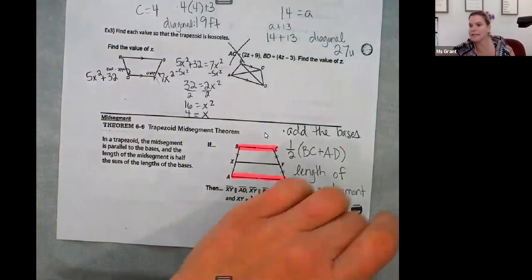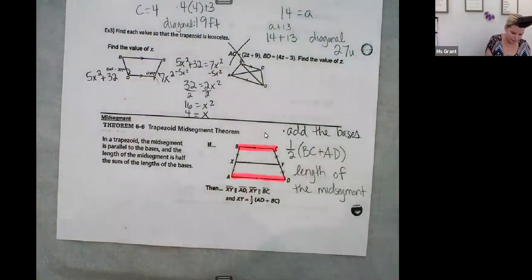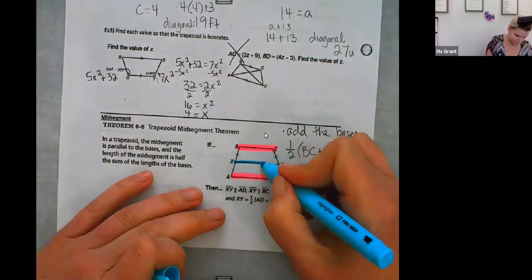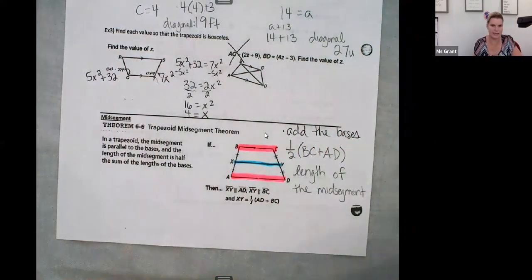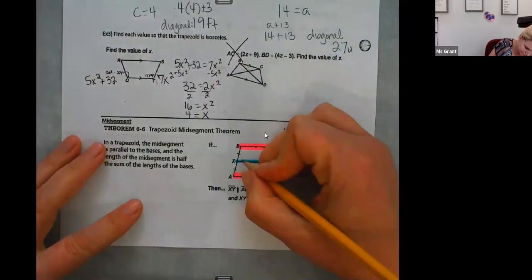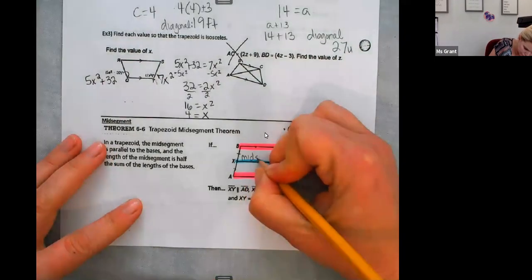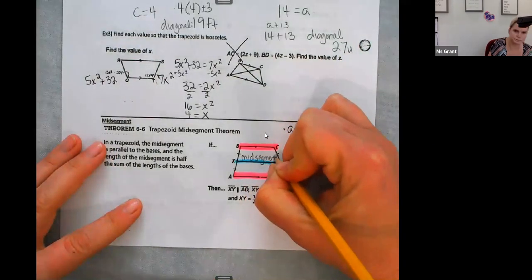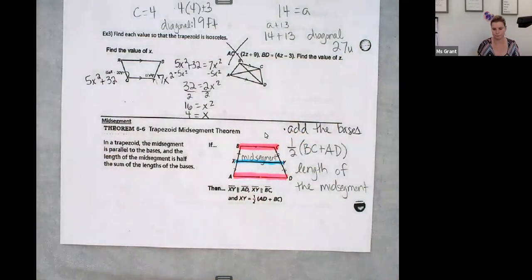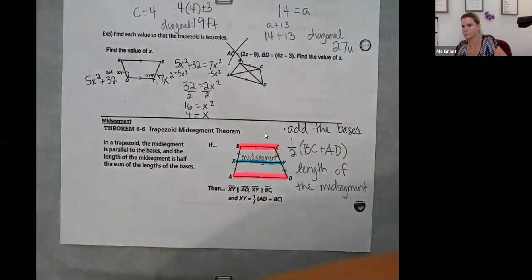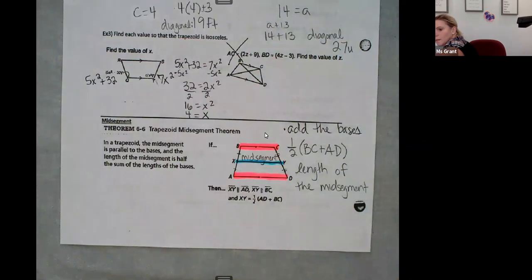The mid-segment is the halfway line, like the belt line. Mid-segment is the half line. Okay. That's the theorem.